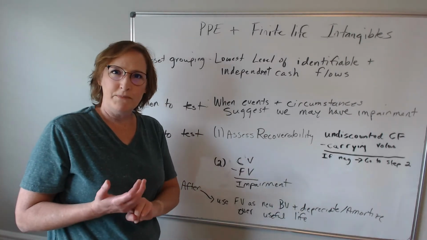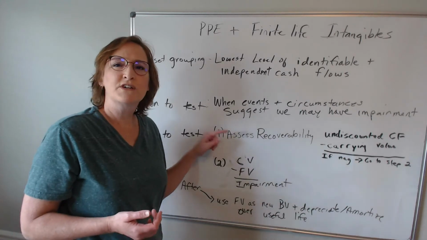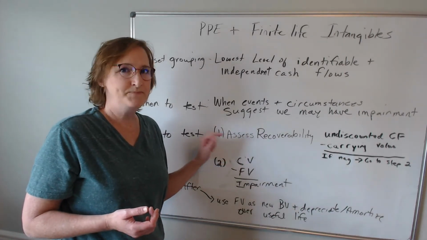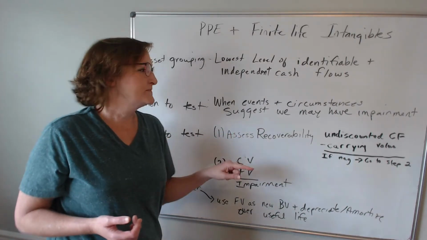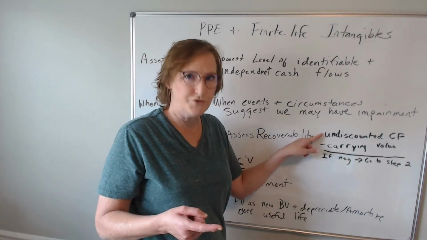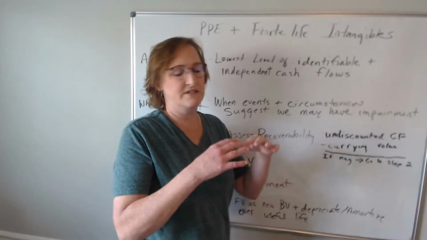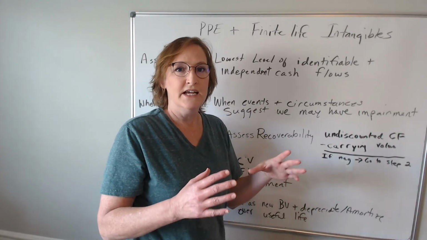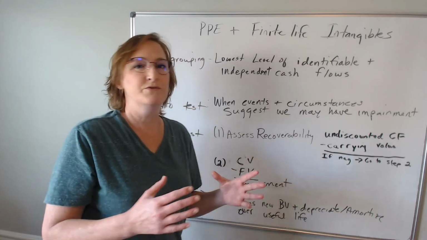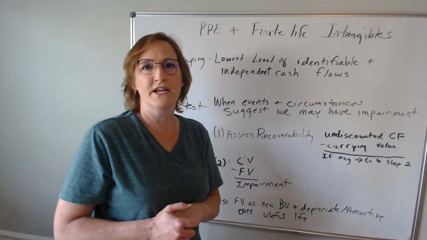It's a 2-step test, okay? Step 1 is called assess recoverability, and it's a formula. You take the undiscounted future cash flows. What that means is you've got this asset or group of assets, and you're looking at what kind of revenue they will produce in year 1, 2, 3, 4, 5 from here on out.